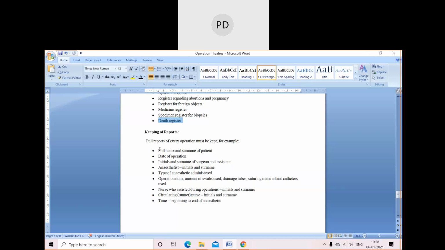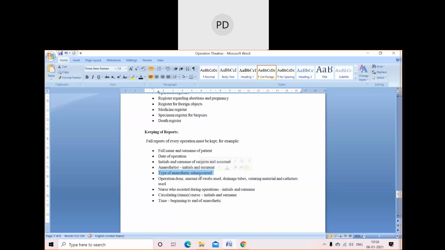For example, full name and surname of the patient, date of operation, initial and surname of the surgeon and the assistant who assisted him or her, and the anesthetist's initials and surnames, and the type of anesthetic administered, whatever anesthesia you have administered: local, general, or another one. I don't remember the particular anesthesia name.